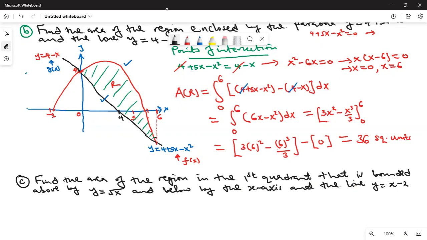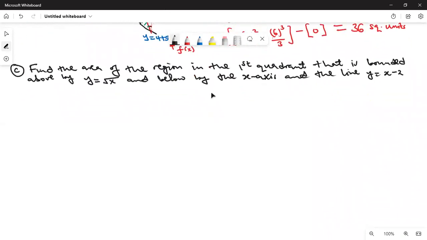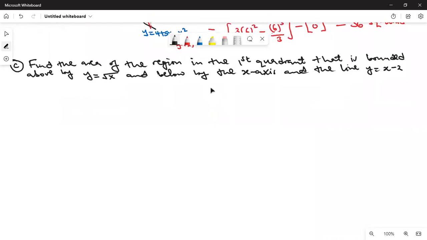That's what we have. As usual, let us sketch our region of integration.